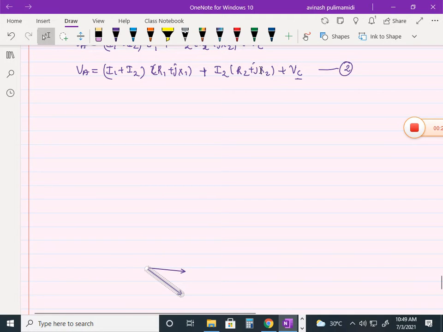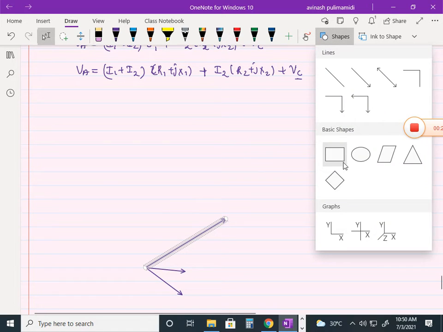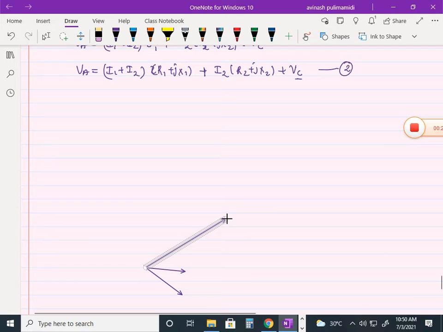What is the point here we can write is VC. From VC, what is the next point we can write here? I2 into R2 will be a line in this way, a line parallel to I2.